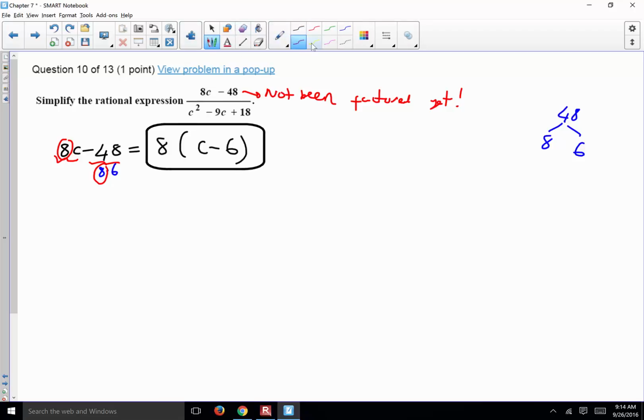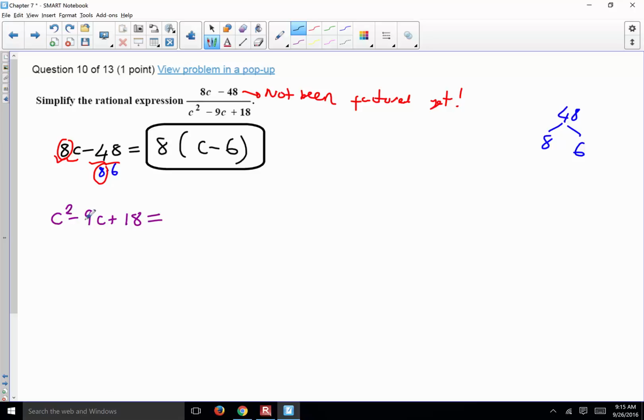But you need to do the same thing for the bottom next. However, the bottom is not that easy. This is a trinomial, as in three terms here. How do I factor a three-term polynomial? Is there anything common between c squared, 9c, and 18 in the first place? Can we factor out a GCF?